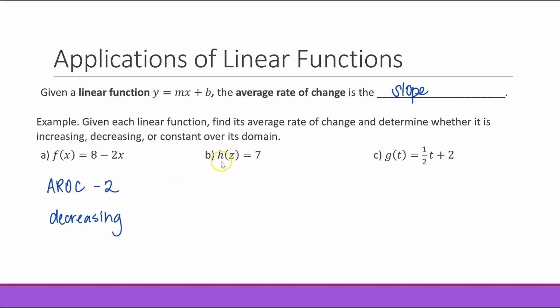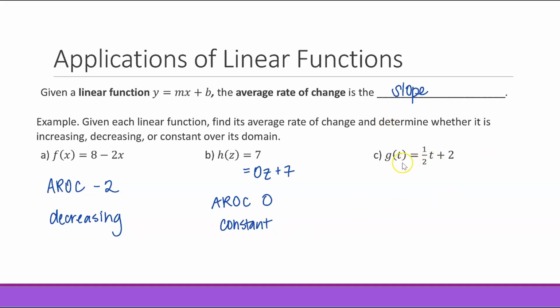In part B, h of z is equal to 7. Or let's remember this would be 0 times z plus 7, indicating that our average rate of change, or slope, is 0. This is just a horizontal line. And so that means that I have a constant linear function.